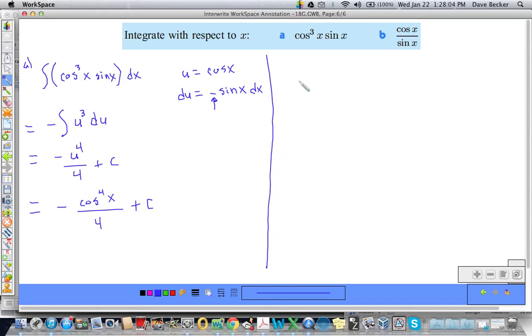Okay. So now let's try it with b. Okay. And so we're being asked to take the integral of cosine x over sine x dx. And what do we do here? Well, we could let u be either sine x or cosine x and get the other one in some form.